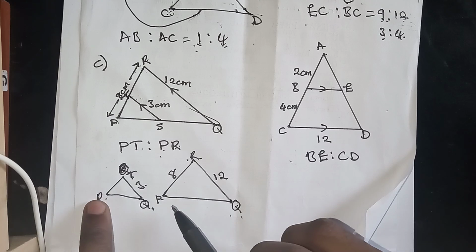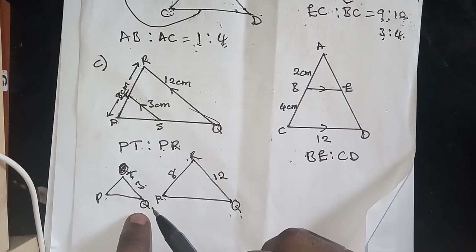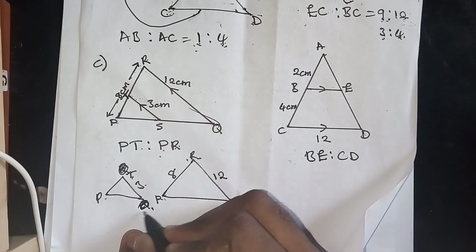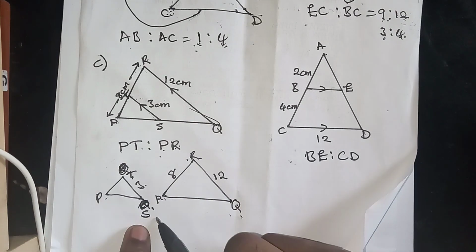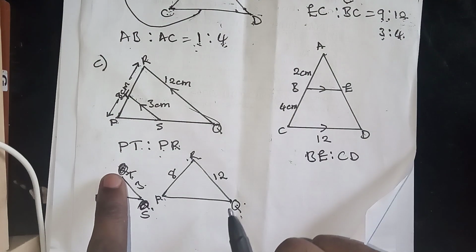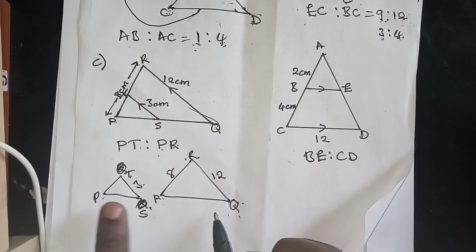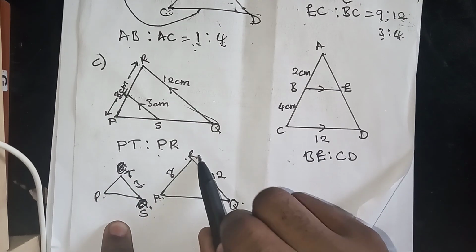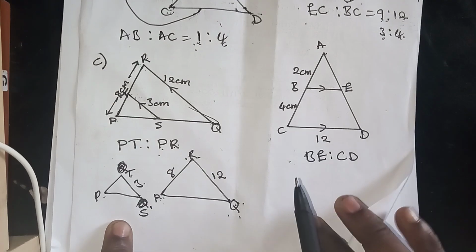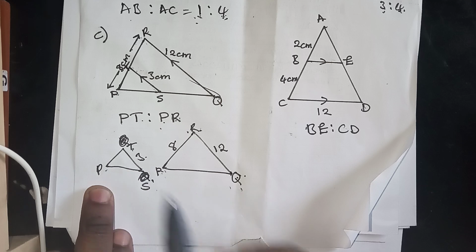So the ratio of PS to PQ, this is supposed to be S. The ratio of PS to PQ is exactly the same as the ratio of TS to RS, which is exactly the same as PT to PR. Because these are similar figures and these sides are corresponding.